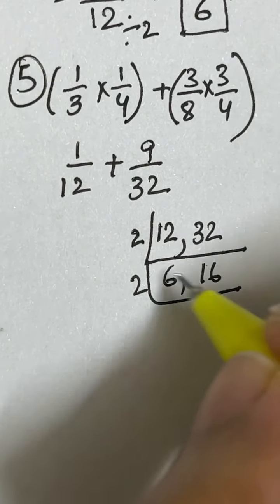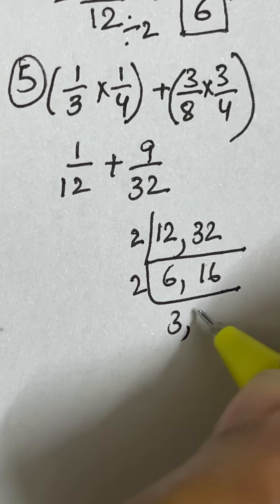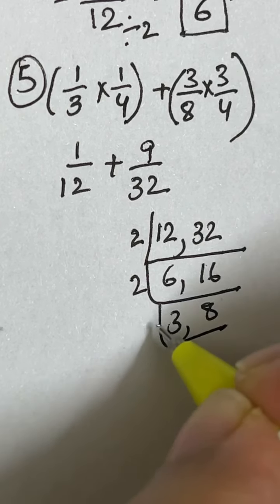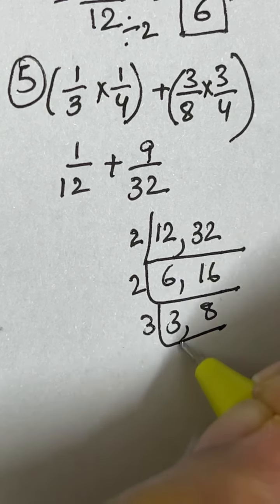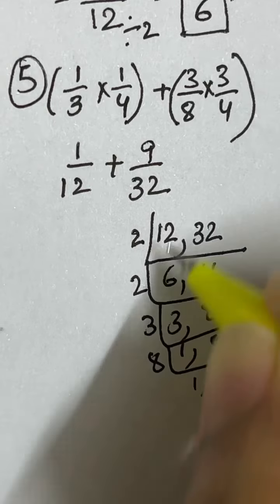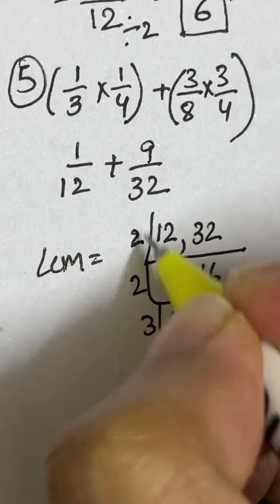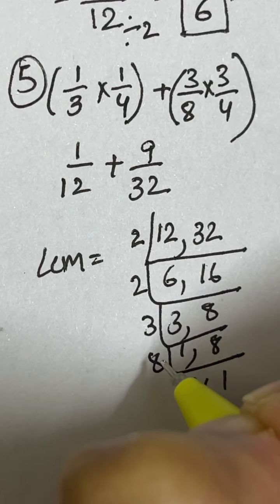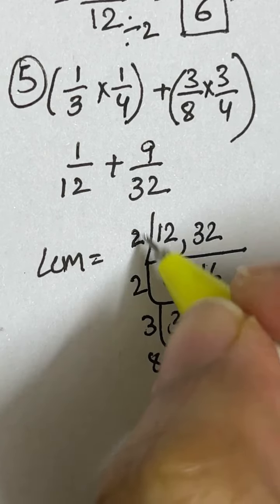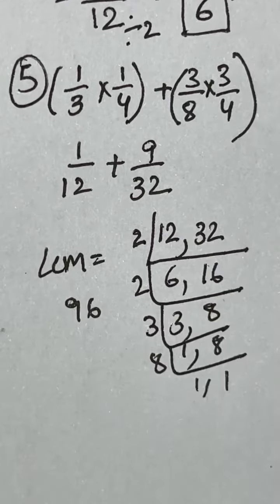So 6 divided by 2 is 3. 16 divided by 2 is 8. So I have 3, and 8 doesn't go, so I have 8. So my LCM is 2 into 2 into 3 into 8, and that's equal to 96. Okay, so the LCM is 96.